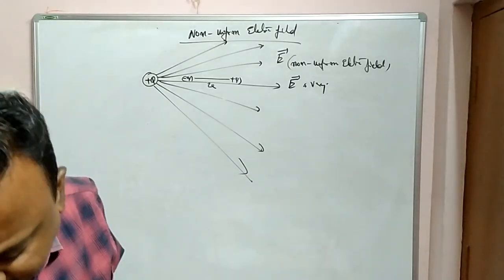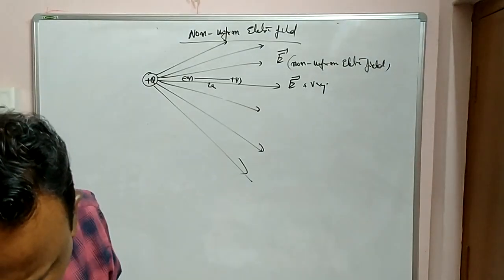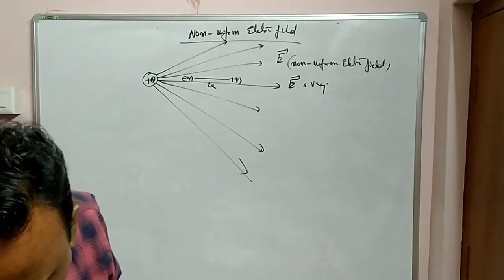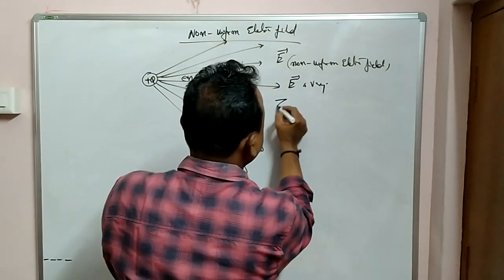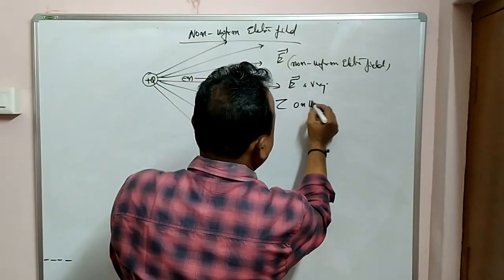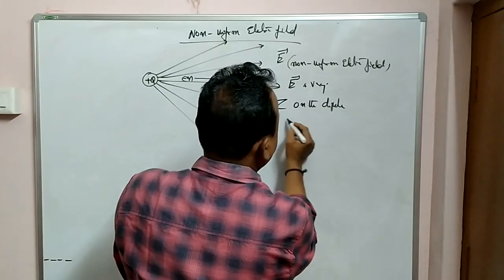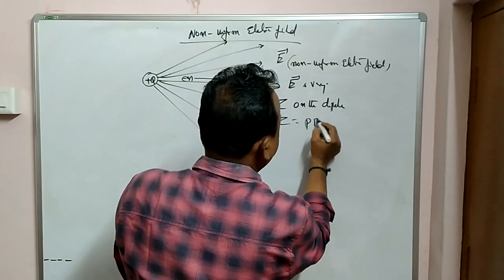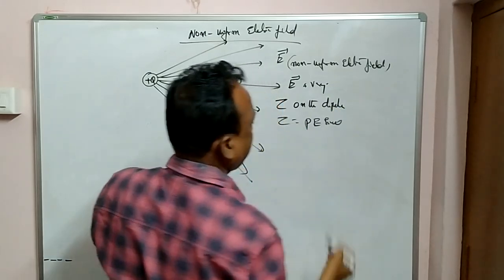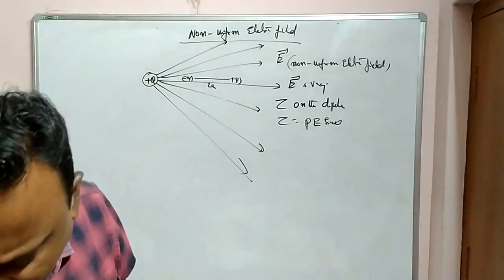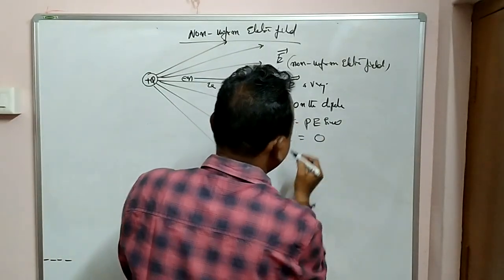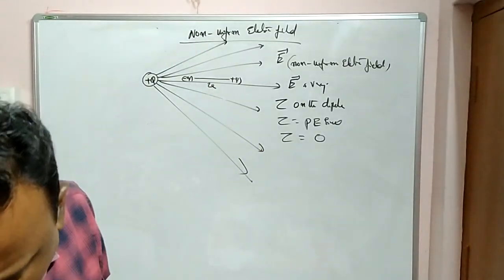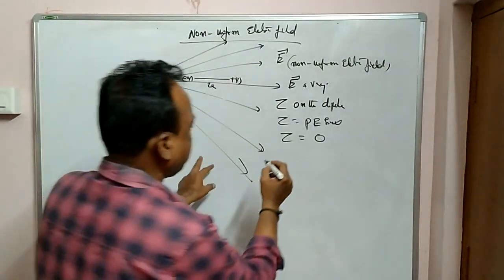So since E is varying, what happens? There are some points here you have to note down, please note down. Torque on the dipole, as already given, is PE sin theta, torque P cross E, will be equal to 0, and then F net will not be equal to 0.